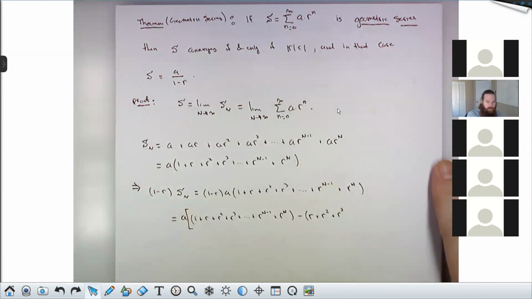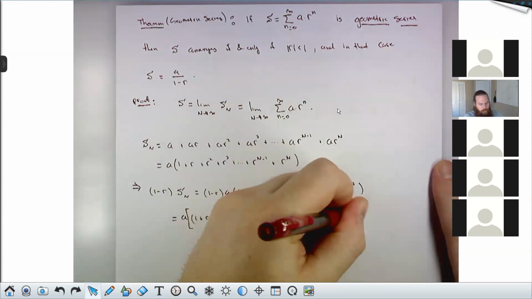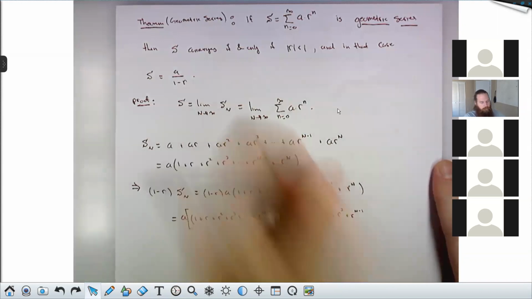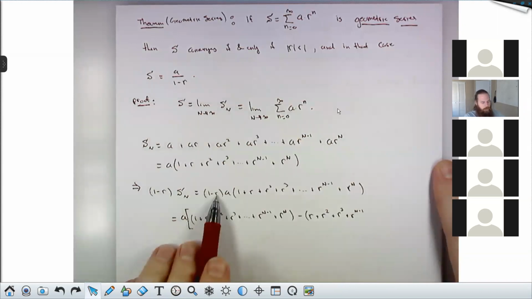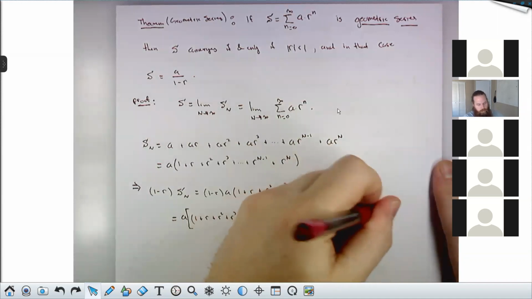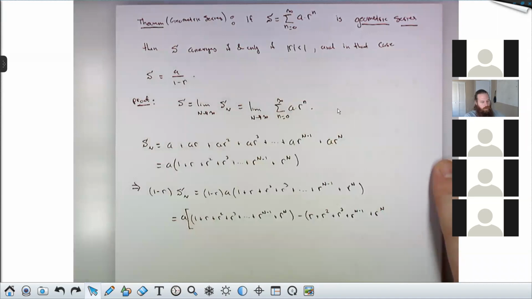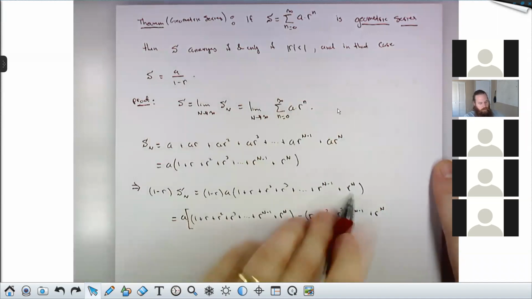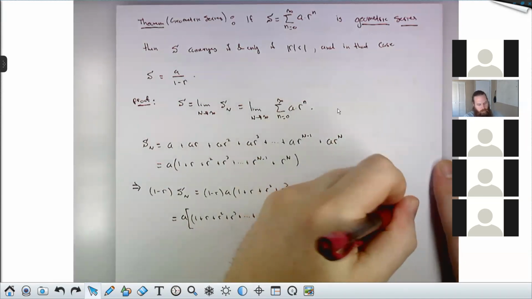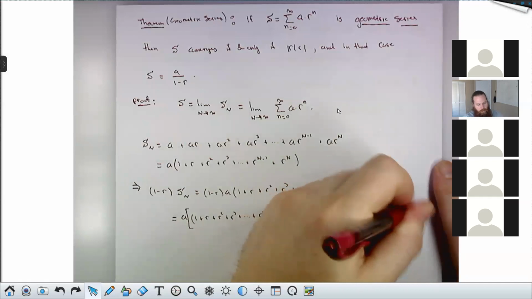It's r to the N minus 2. And when you multiply r to the N minus 2 by r, you get r to the N minus 1. When you multiply r and r to the N minus 1, you get r to the N. And when you multiply r and r to the N, you get r to the N plus 1.